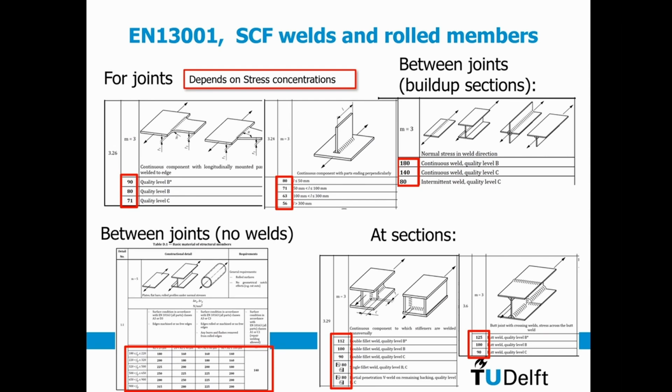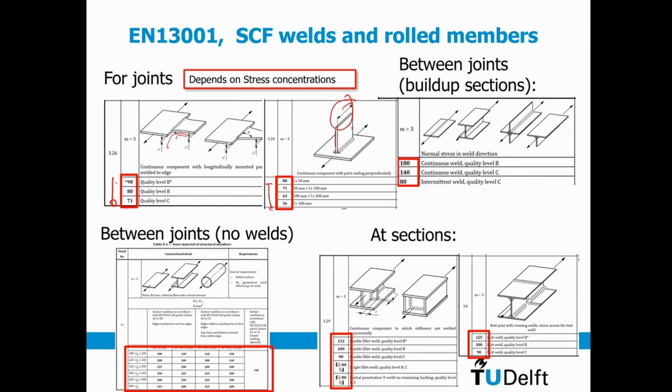So if we summarize, we can see stress concentration here. Now it's the 13,001. You see the same effect: depending on the stress concentration, I get different classes. If I have something welded directly on the plate, depending on the smoothness or the size of this thing, I also have different classes.